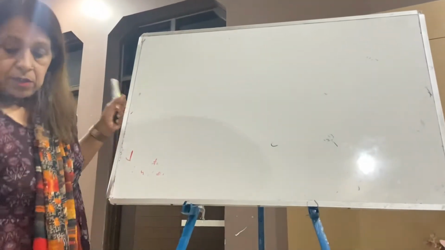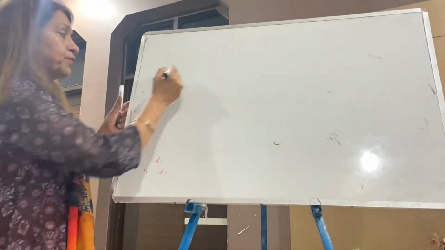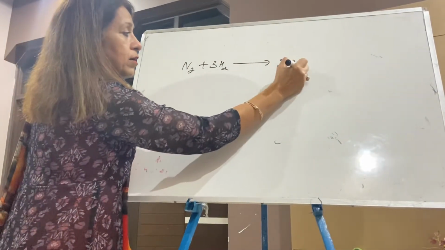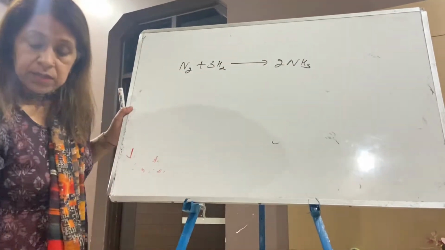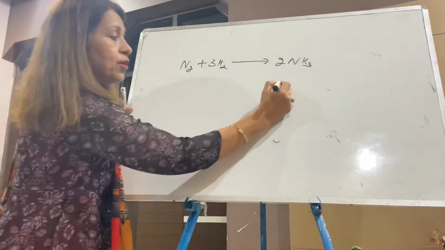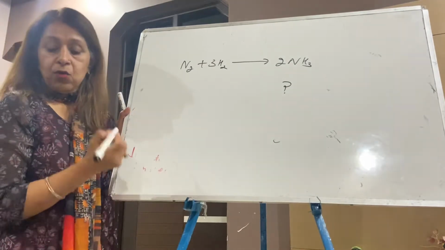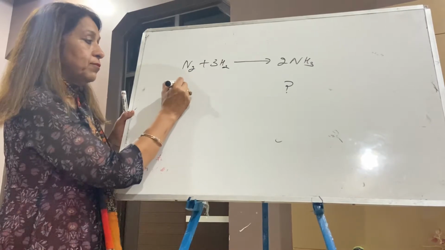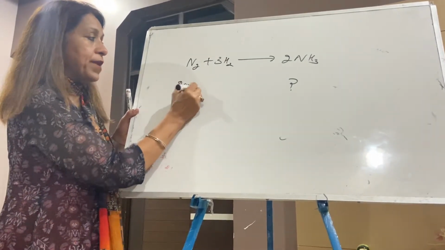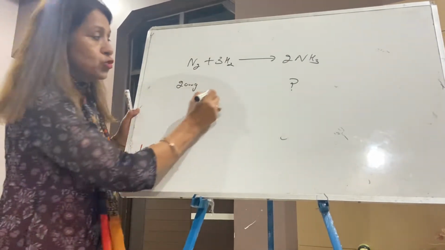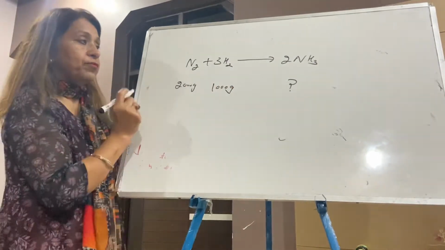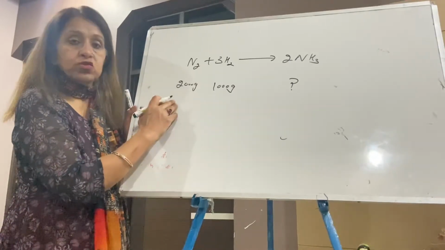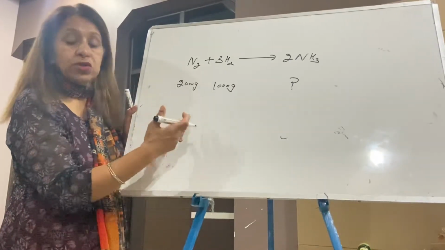The reaction is N2 plus 3H2 arrow 2NH3. The numerical is: calculate the mass of ammonia formed when 2000 gram nitrogen reacts with 1000 gram hydrogen.